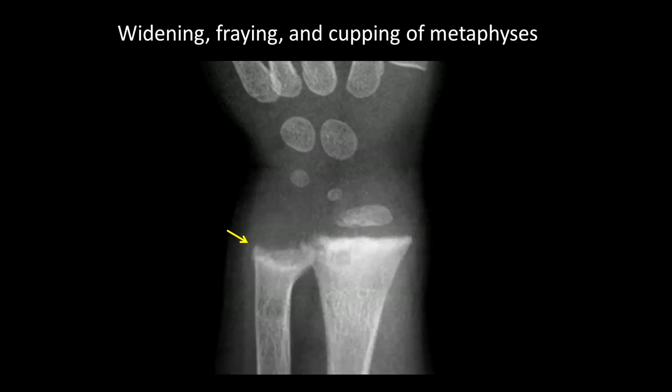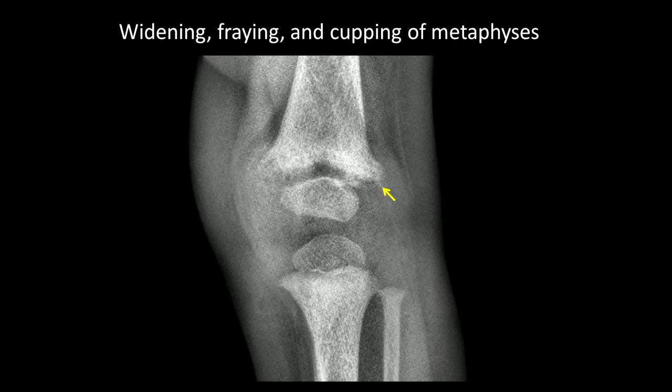Here's an example of what a widened, frayed, and cupped metaphysis looks like at the distal ulna. Here's another example of widening, fraying, and cupping of the metaphysis here in the distal femur. Both findings of rickets.